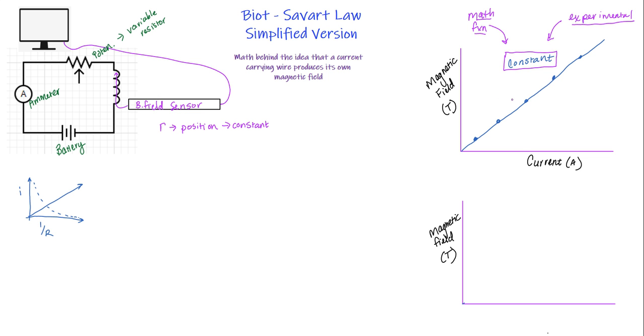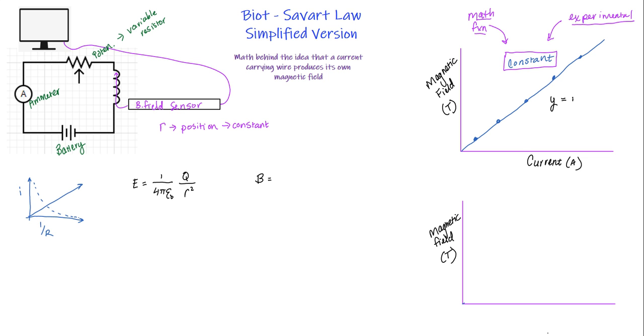Well, if you actually do measure this, you do see that relationship. Here's where things are a little bit different to the electric field. Whereas with the electric field, let me write this out again, we saw an inverse square relationship with the field strength. In this particular case, we see that the magnetic field is going to be a direct proportion with the current, right?